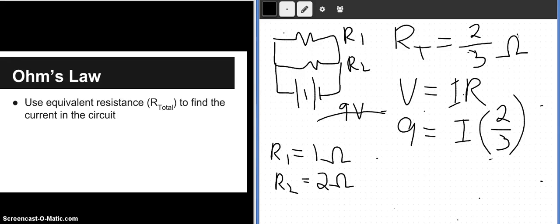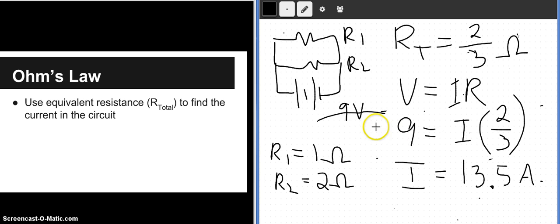Yes. All right, so when I do out the math on the calculator, I get 13.5 amps. So this circuit has 13.5 amps flowing through it.